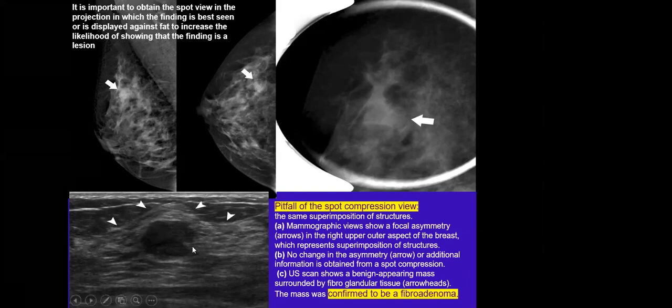But by doing ultrasound, it demonstrates a probably benign mass, but with overlying parenchyma obscuring this mass. That is why it is not appreciated in these spot magnification, spot compression projections. You see? That is why we said if you try to push it toward the area of fat, it might be helpful.